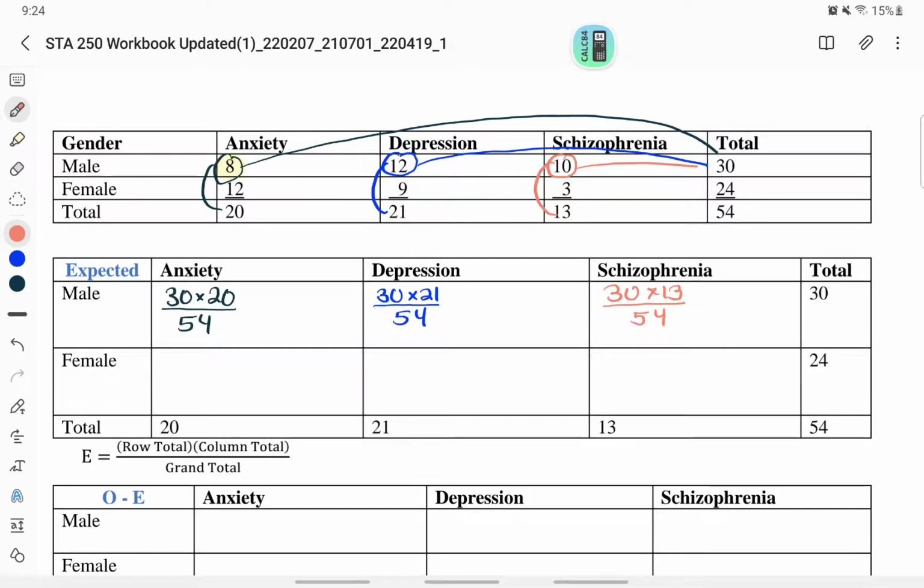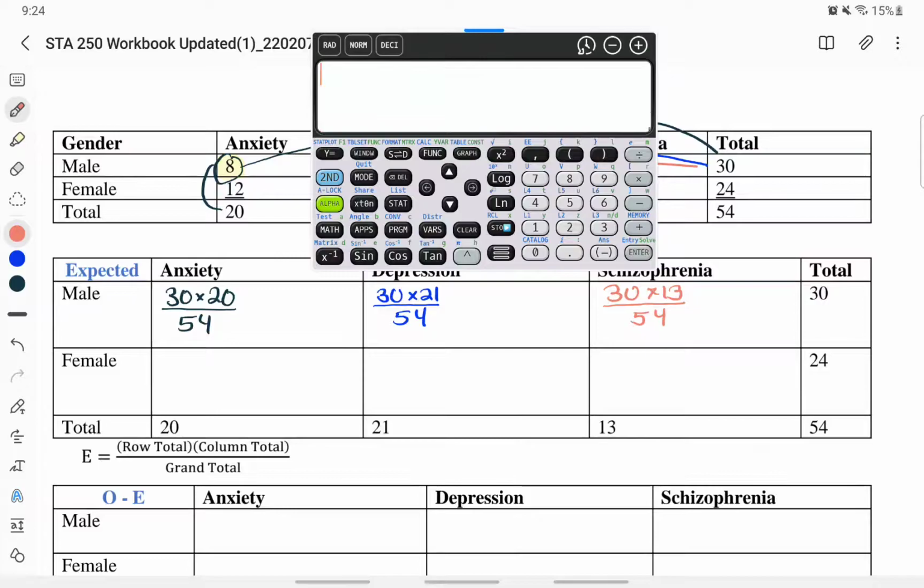Let's do the math for those first 3. And let's round to one number after the decimal. 30 times 20 divided by 54. That's 11.1. Then 30 times 21 divided by 54.